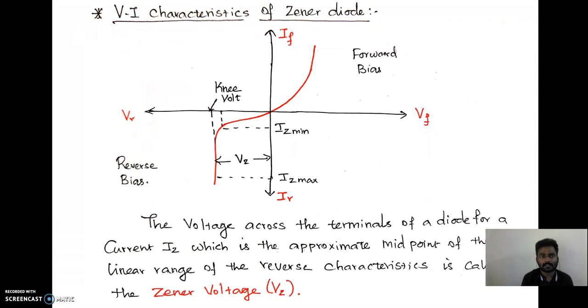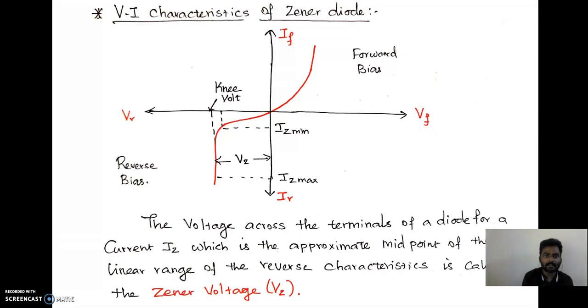Coming to the VI characteristics, that is, voltage and current characteristics of the Zener diode. This is a graph drawn between voltage and current, in both forward bias and reverse bias. As the operation happens in reverse bias, when it reaches the threshold voltage, the reverse voltage becomes constant.